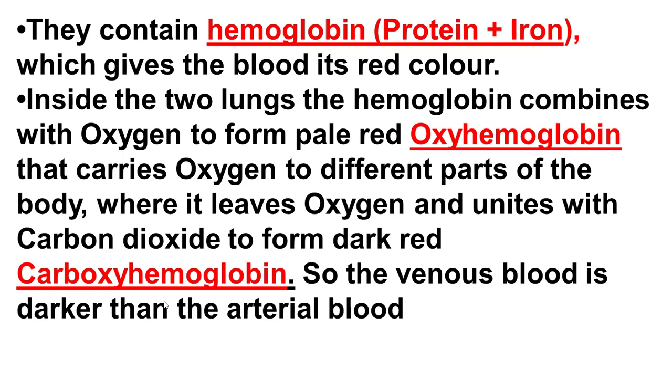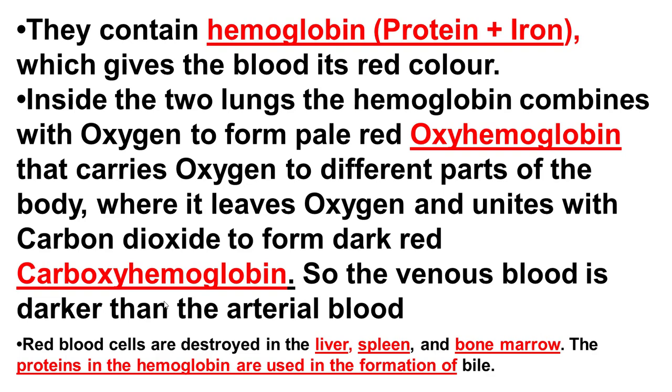Inside the lungs, hemoglobin combines with oxygen by gas exchange, and its color becomes pale red, oxyhemoglobin, which carries oxygen to different parts of the body. Then it leaves the oxygen and unites with carbon dioxide to form dark red carboxyhemoglobin or carbaminohemoglobin. So venous blood is darker than arterial blood according to the type of gas carried.